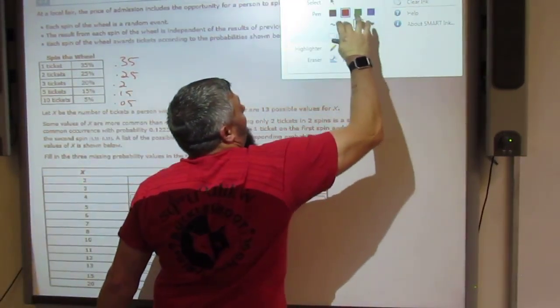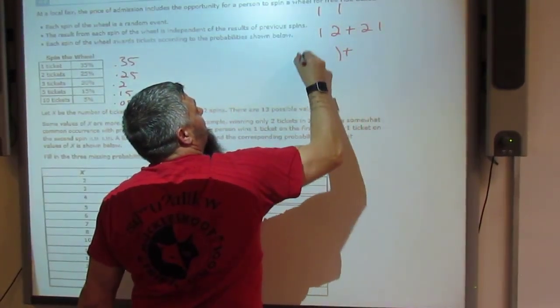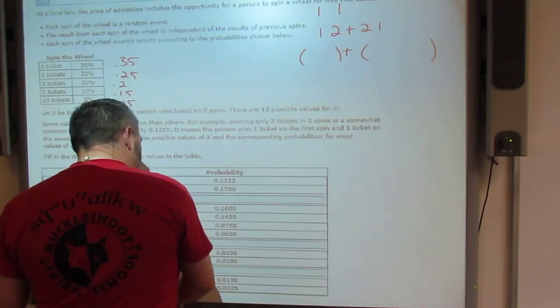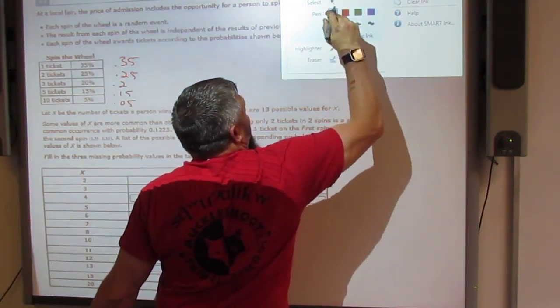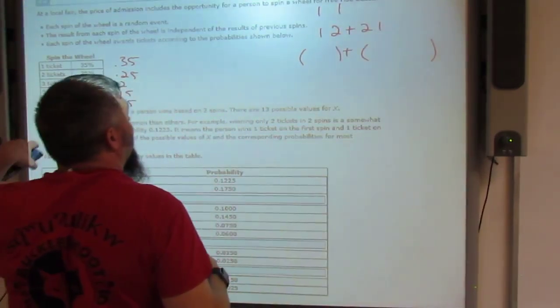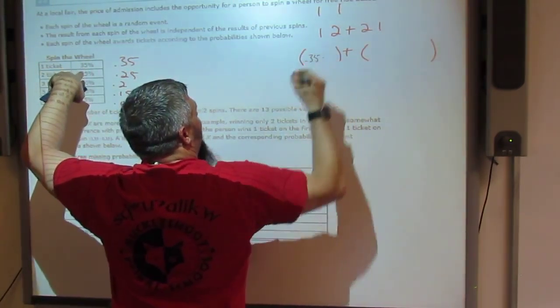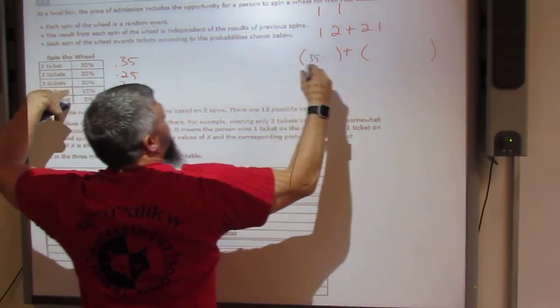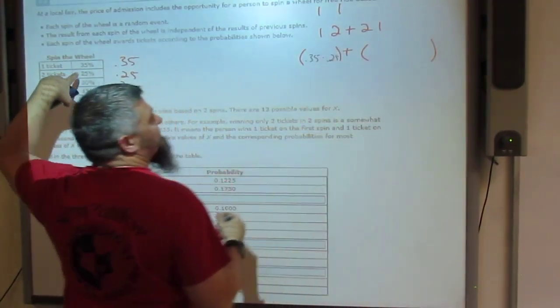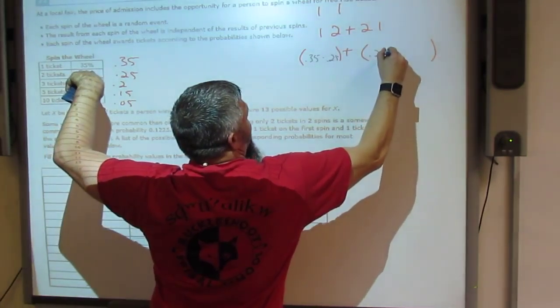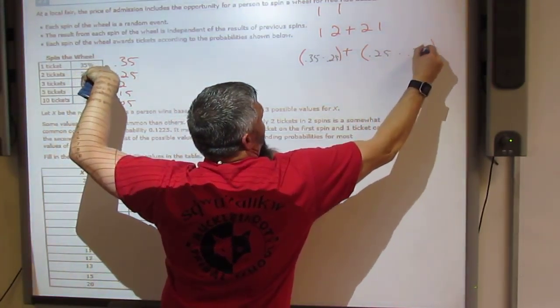So we want to make sure we plug it in correctly. A 1 is 0.35 times a 2, which is 0.25, and a 0.25 times a 0.35.